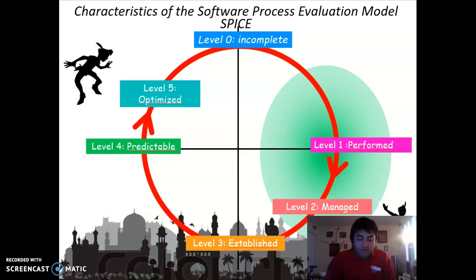So that's level one, the basic one, when you have to implement objectives for the project, and that has to be in the documentation. So we have to define all the processes. They have to be managed, and the organization has to adapt to the standards that the SPICE norm establishes.